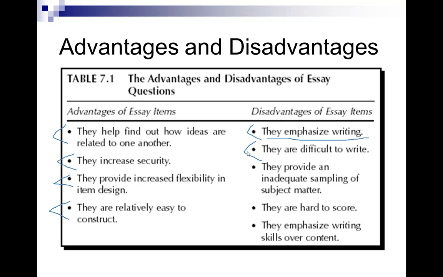Now, they provide an inadequate sampling of subject matter. If you get really too broad on this stuff, you're not really focusing on what you think is important. And so you have to worry about limiting yourself in the content that you've covered, because you can't make a test of 50 essay questions.